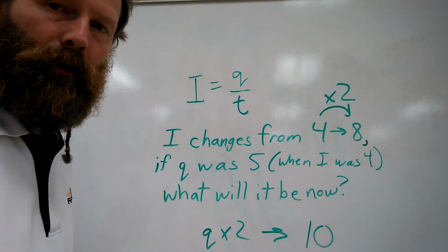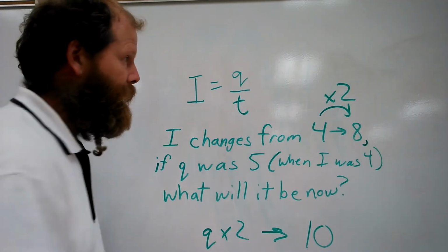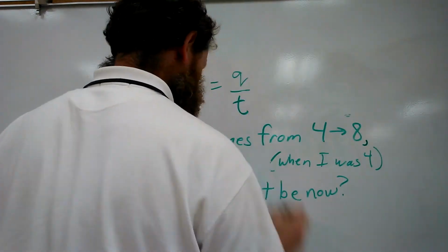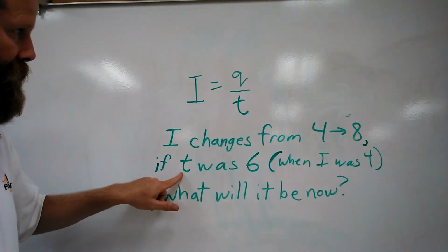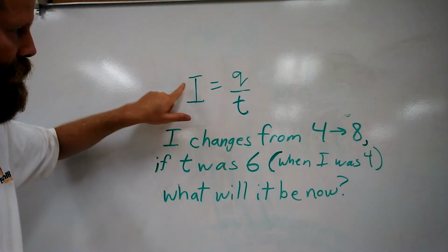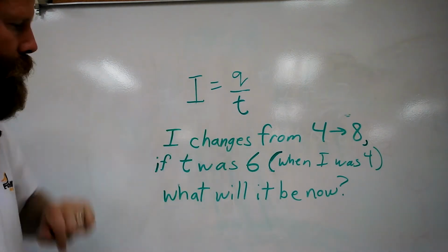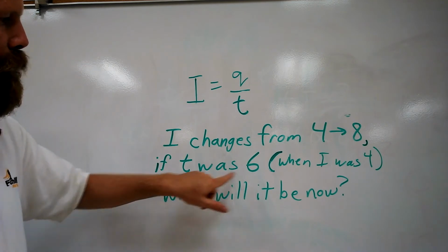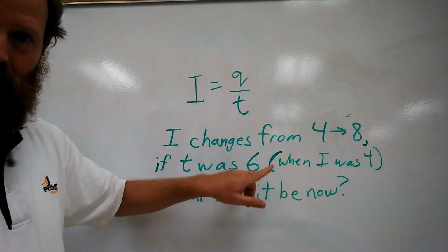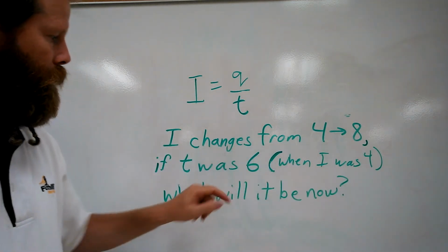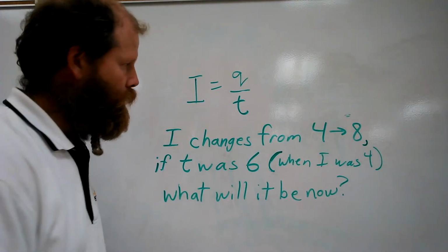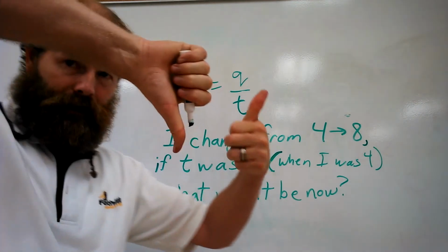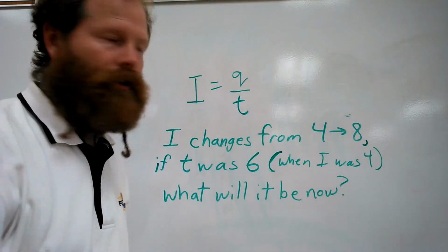Now, if we did this with something that was inversely proportional, it might look like this. I changes from 4 to 8. If T, now we're doing something that's inversely proportional, I and T are inversely proportional. If T was 6, that's the original value back when I was 4, what will it be now? Well, once again, let's look at the factor, knowing that I and T are inversely proportional.